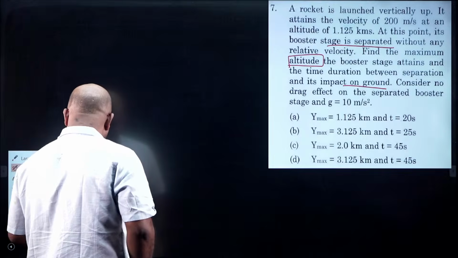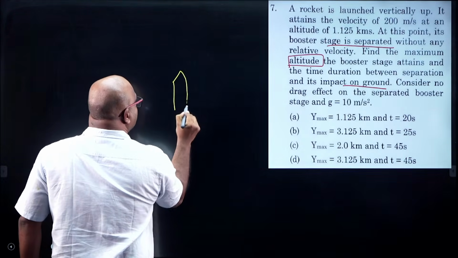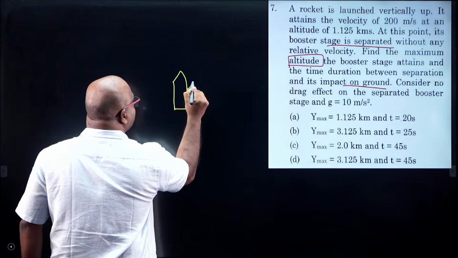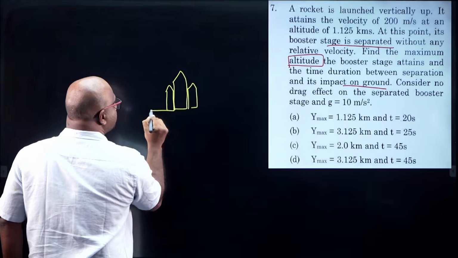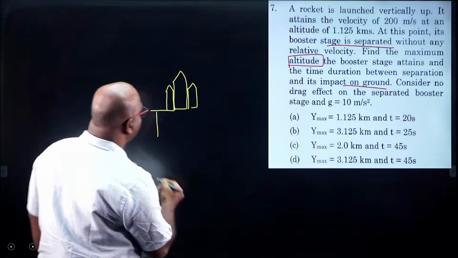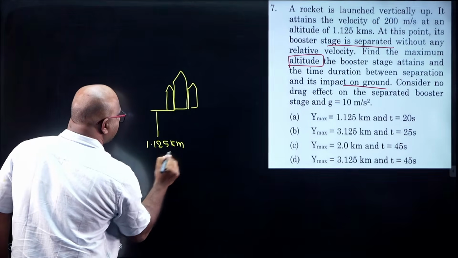Very simple. Assume this is the rocket, with boosters on the side. At the elevation of 1.125 kilometers, the booster has separated.